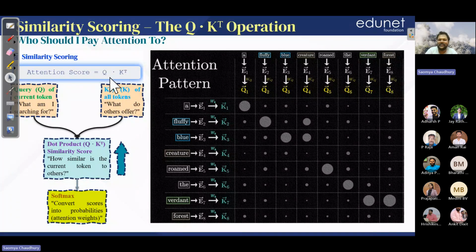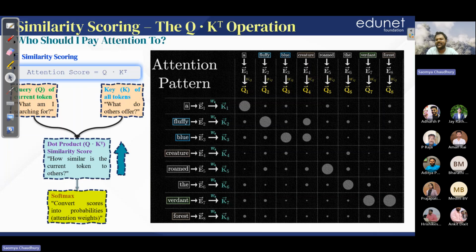So you have the query matrix. I told you the query matrix is n cross n, and both the matrices are the same, so you're taking n cross n into n cross n and doing a dot product between them. But you can't do it in that context, because the values of n and m will vary, and that's why you take a transpose of it. That becomes m cross n.